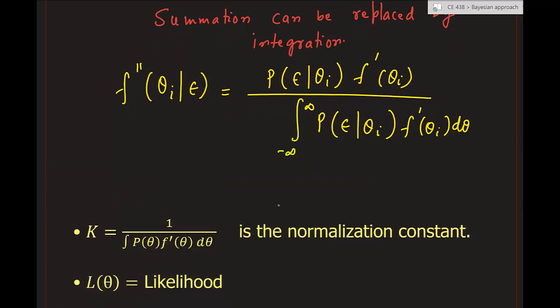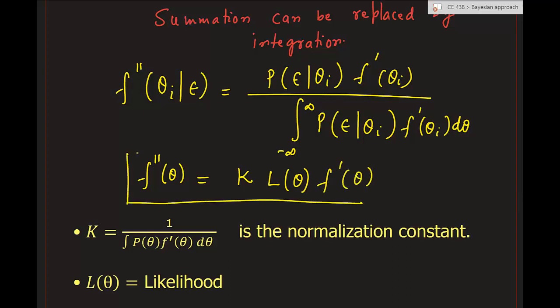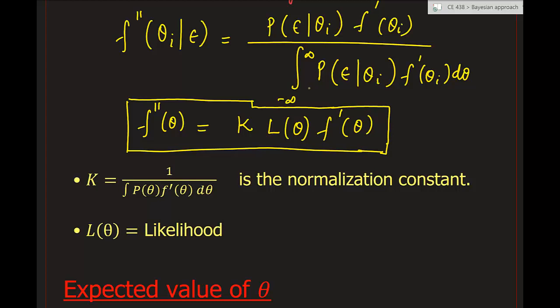This we can also write as f'' of theta equals k times L of theta, that is the likelihood, times the prior. So this is my function for the continuous case. In this case, k is nothing but 1 divided by this whole term. So k is basically the normalization constant, and L of theta is the likelihood.